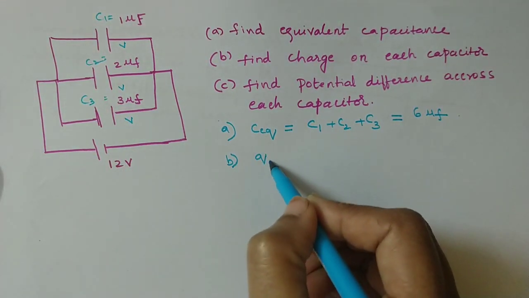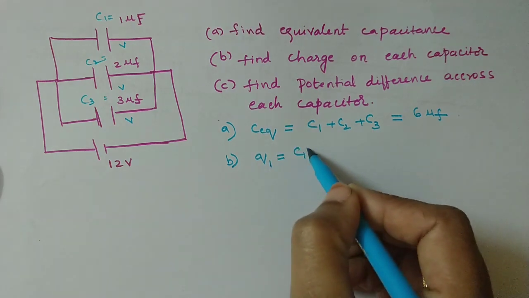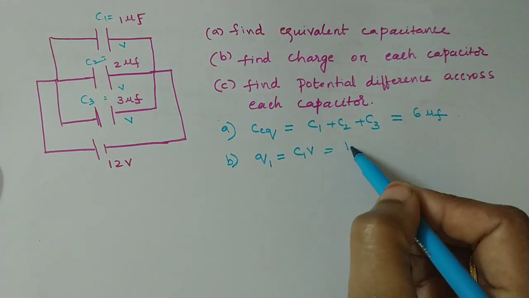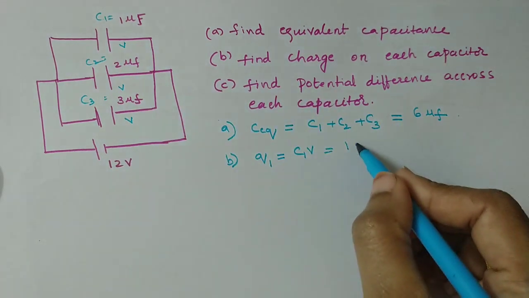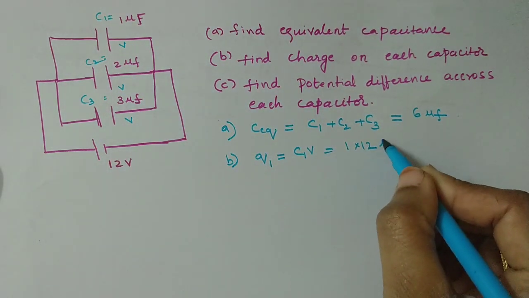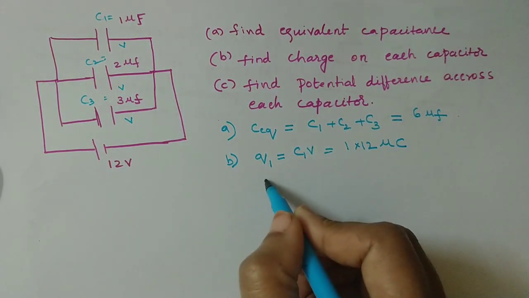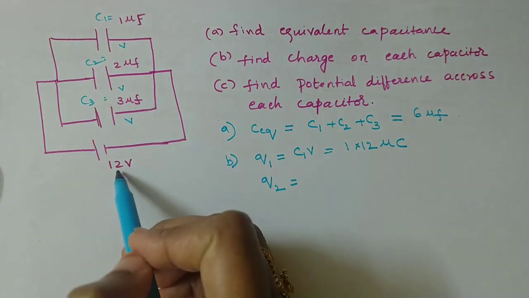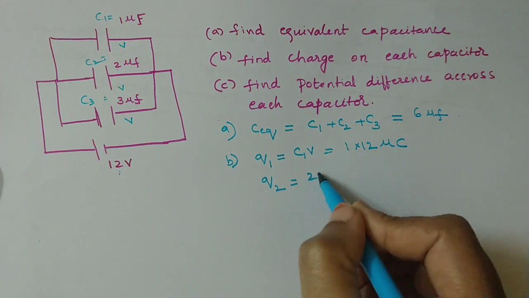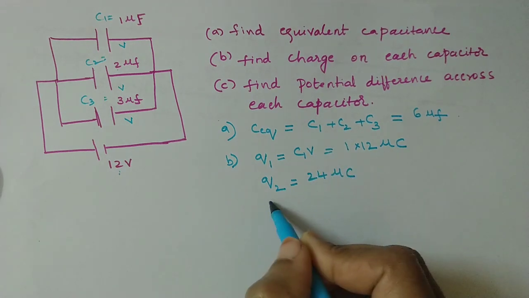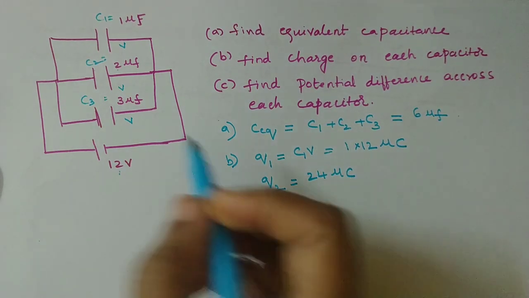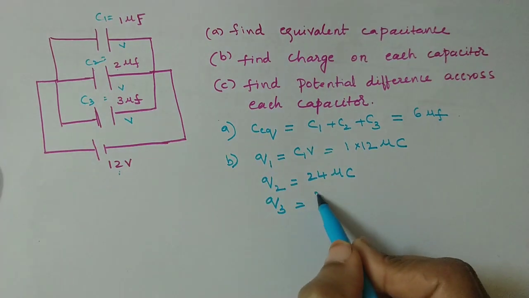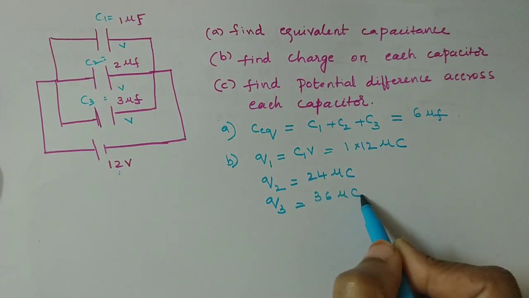So the charge on the first capacitor can be written as C1 into V. C1 is 1 microfarad, into potential difference 12, so this will be 12 microcoulomb. Similarly, Q2 is its capacitance multiplied by 12, 12 into 2, 24 microcoulomb. And Q3, 3 into 12, 36 microcoulomb.